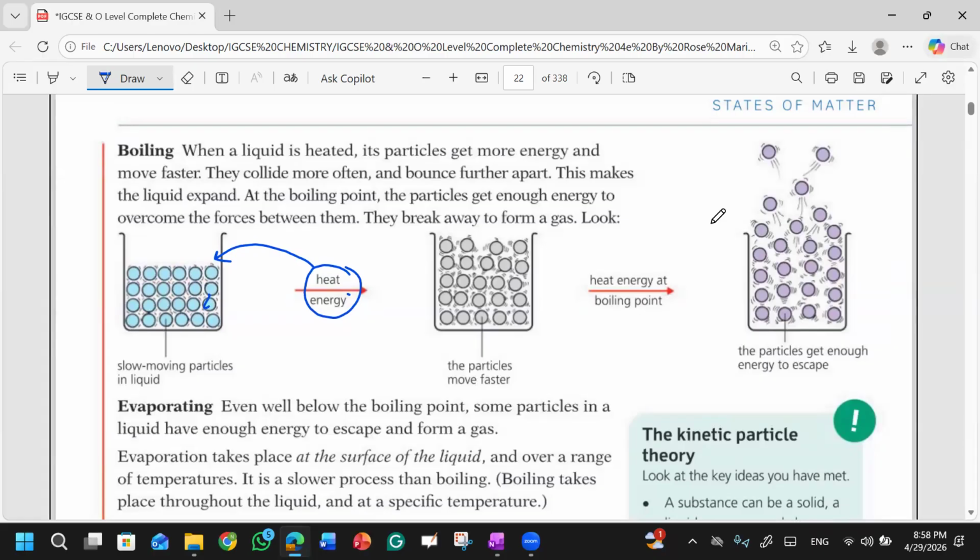Can you tell me what is happening? In liquid to solid or solid to liquid? Not liquid to solid. This is liquid to gas. I'm talking about liquid to gas.